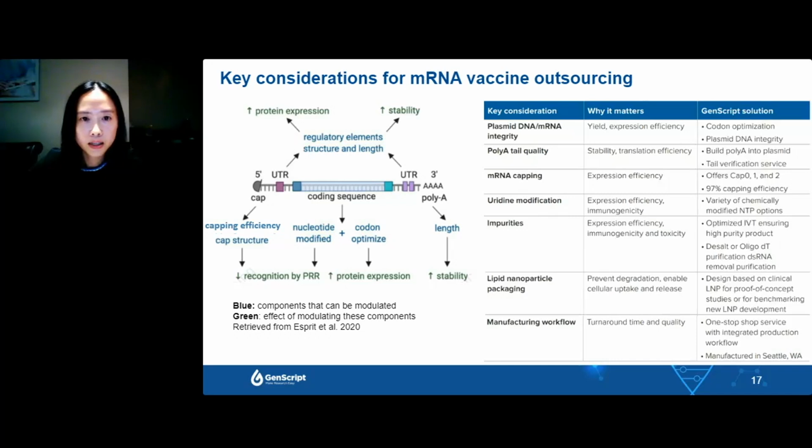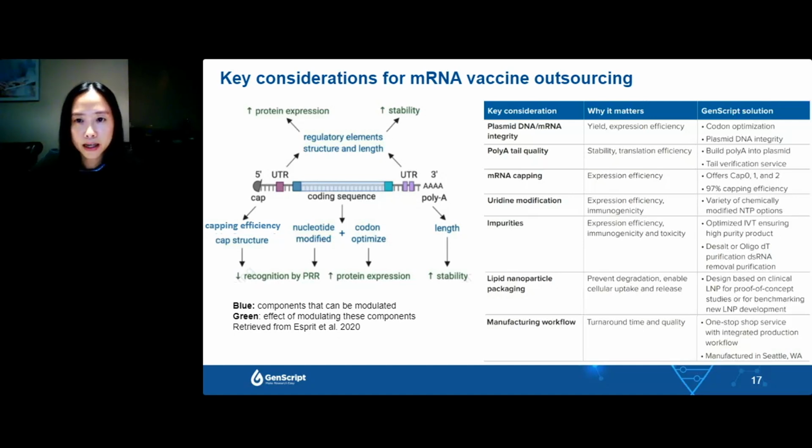Another key consideration is poly-A tail quality. The length affects the stability, and we can build the poly-A into the plasmid first. And the third consideration is mRNA capping. It also affects the expression efficiency.